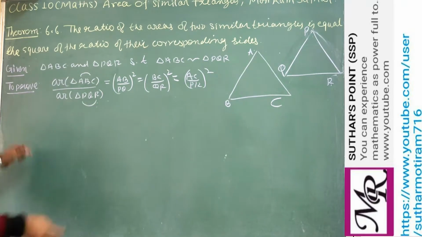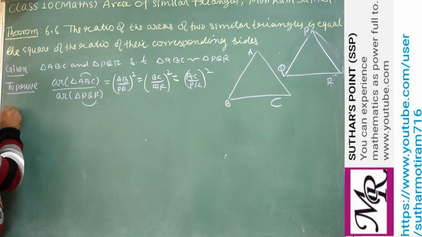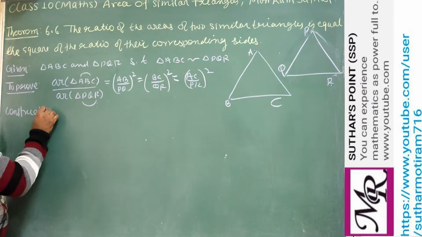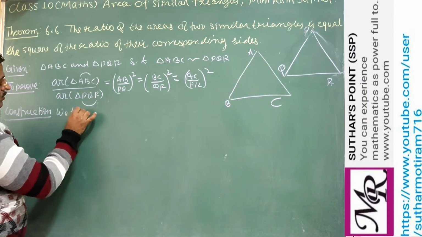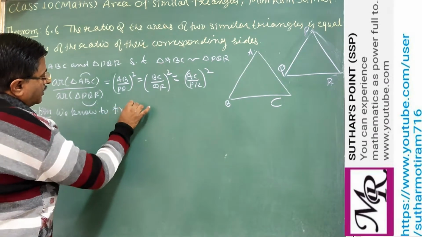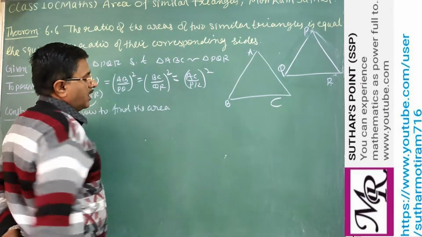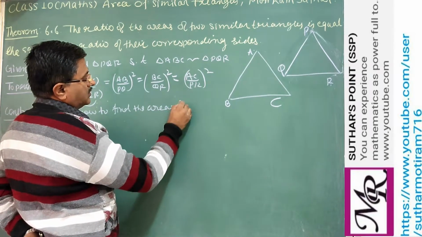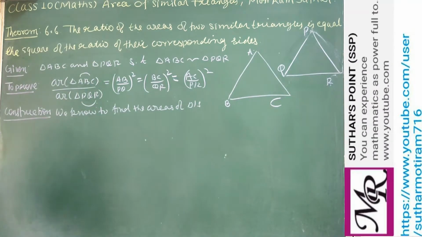Now to prove this, we have to write here proof. But before that we write construction. And you know, to find the areas of triangles, we need height.